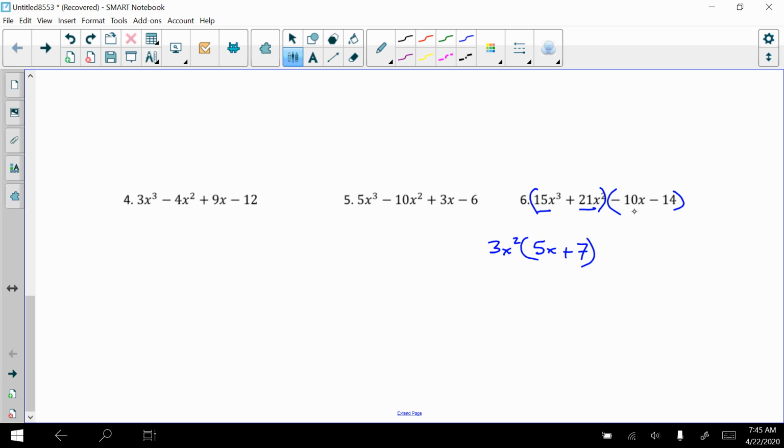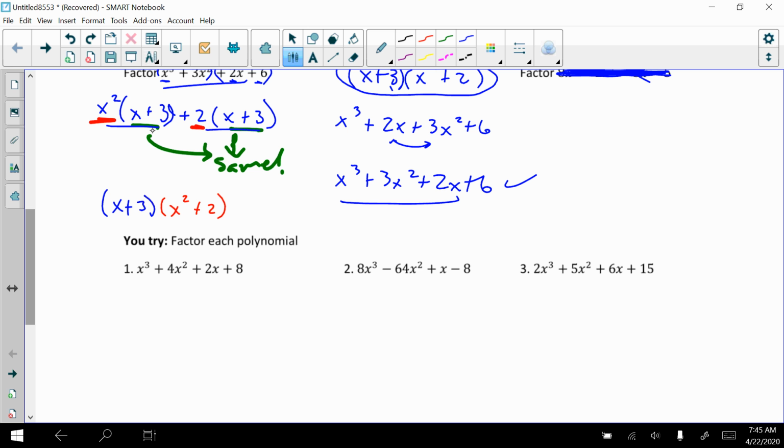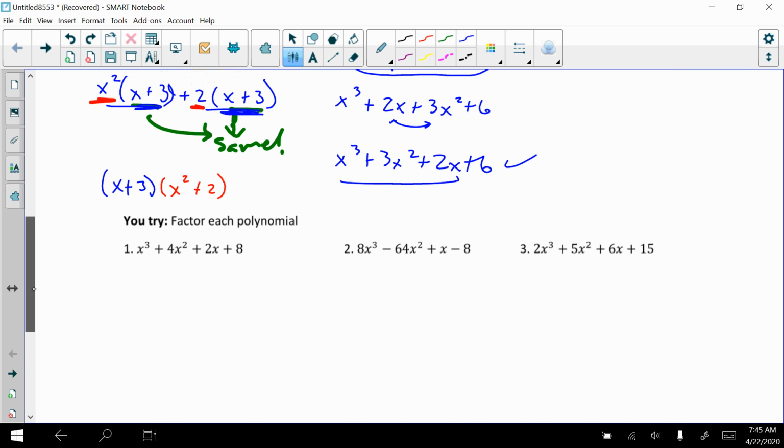Now I'm going to focus my attention on my second two terms and say, is there a GCF I can pull out of that? But remember, up here, the trick was that when I factored something out, I ended up with a repeated factor. I ended up with whatever is left after I pull out a GCF being the same on both sides.